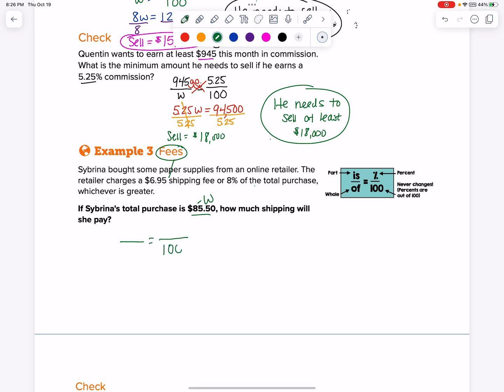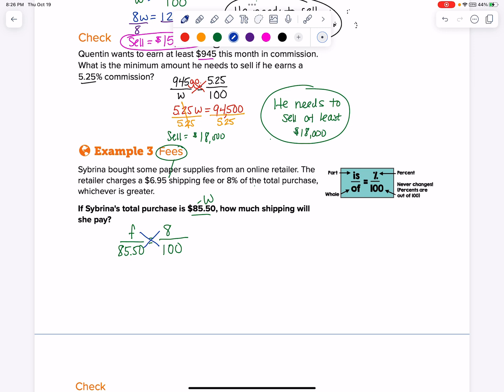We know it's out of 100. We know that we need to calculate an 8% charge. We know the original is $85.50. And so this is going to be a fee, so let's use F. So it's an 8% fee.